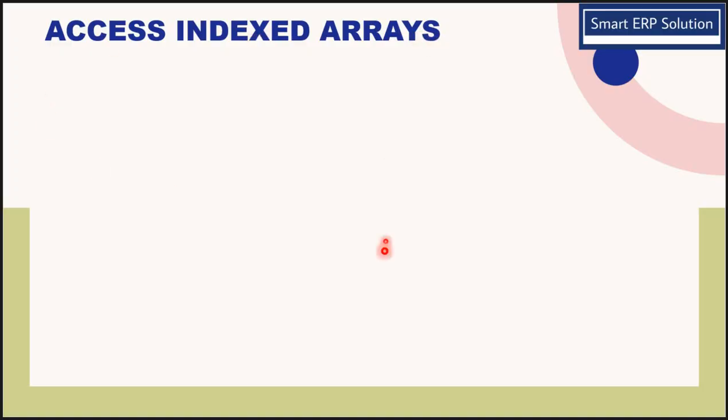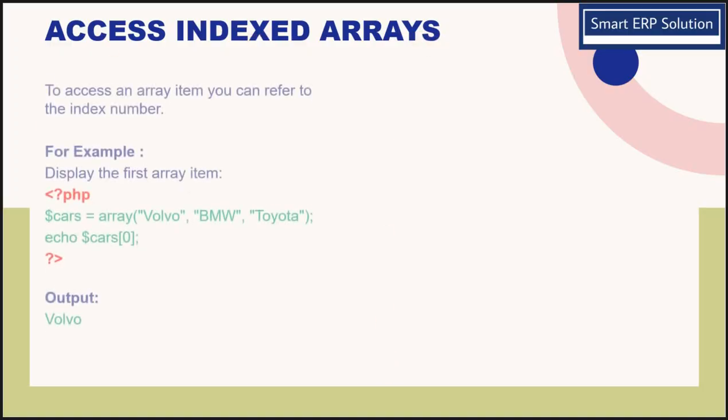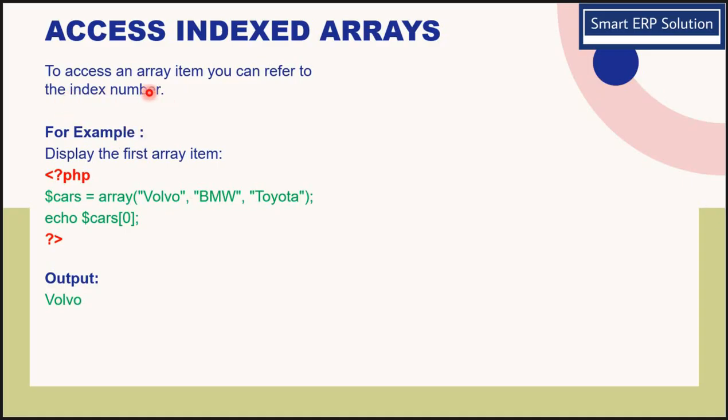Access indexed array. To access an array item, you can refer to the index number. For example, display the first array item. Suppose $cars = array("Volvo", "BMW", "Toyota").